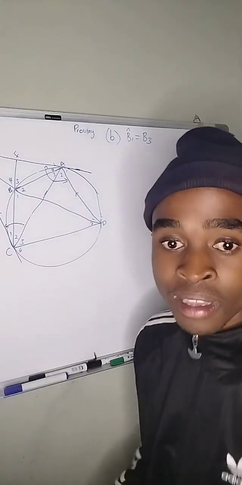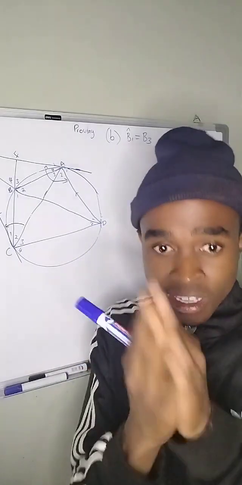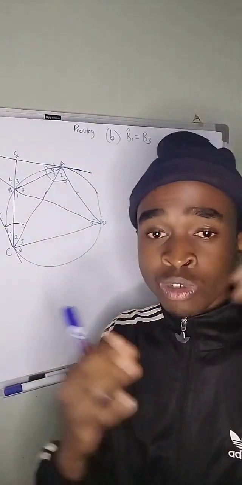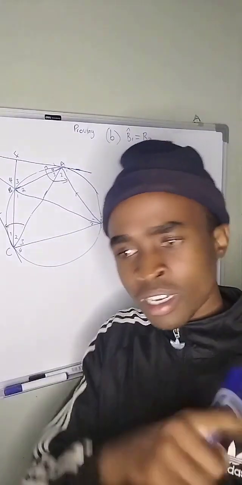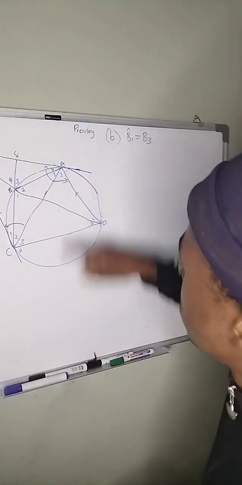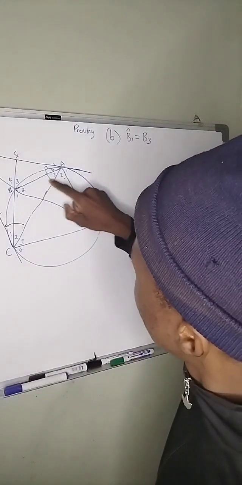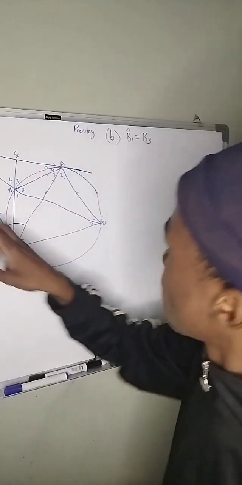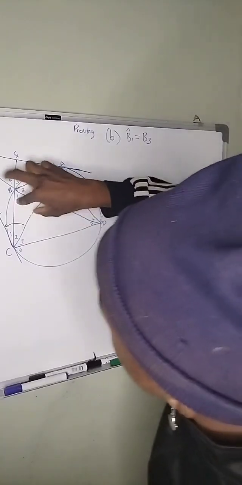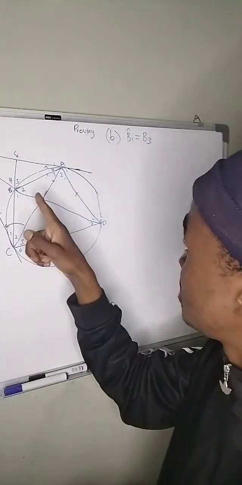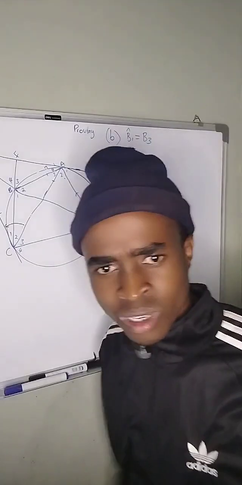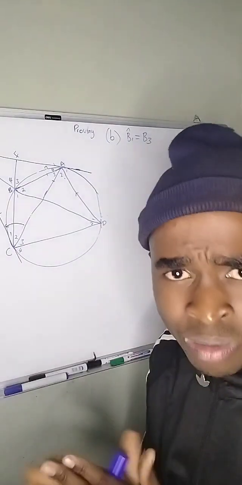It's the same thing, because obviously A is in the middle. Whenever you say angle PAD, it means A is going to be the vertex. So it's going to be P angle AD or angle PAD. It's the same thing. So we are going to prove that B1 and B3 are the same.